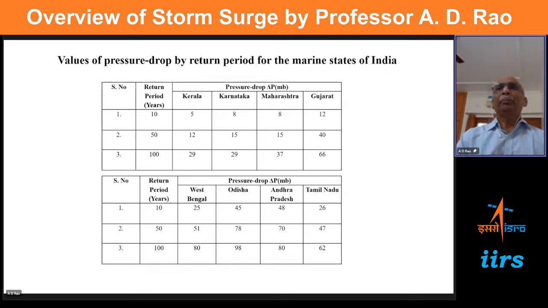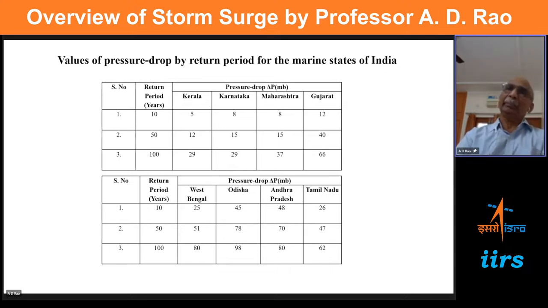Okay. If you take the more than 125 years of data available at the India Meteorological Department, how many cyclones each state and each district has had. If I take all that statistics and calculate the return period, some of you may not know what a return period is. In a 10 year period, what kind of tropical cyclones hit a particular region?